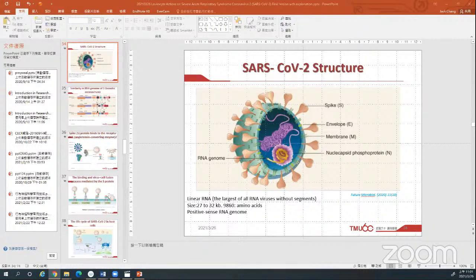Which which slide? Which slide? Which slide? Which which slide? Which which slide? Which slide?